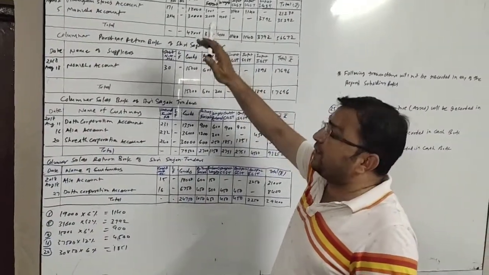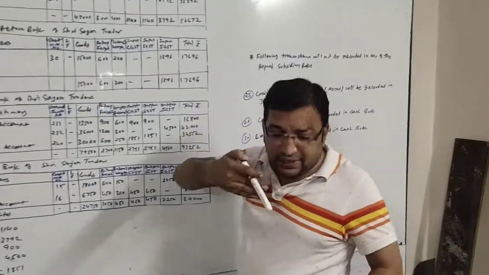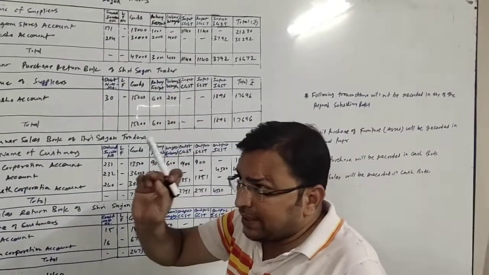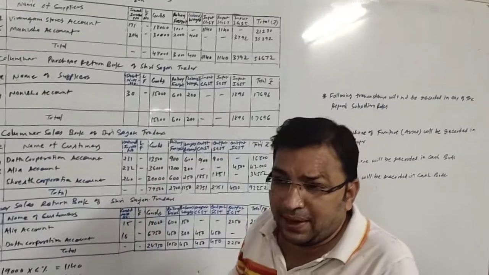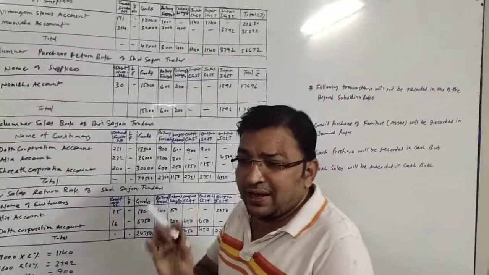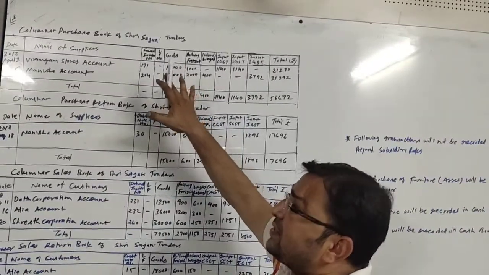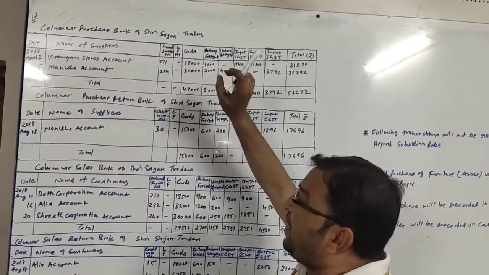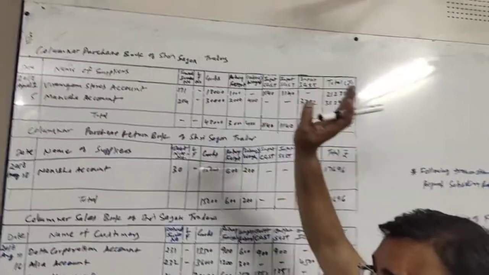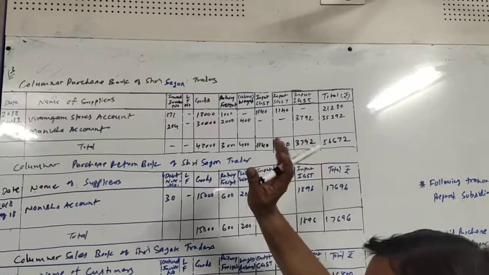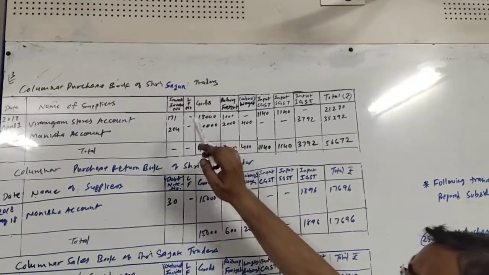If they mention it in brackets, it is interstate; otherwise it is intrastate. That means it is intrastate supply, and CGST and SGST will be applicable at the rate of 6% each.